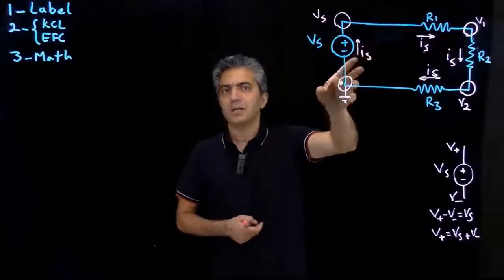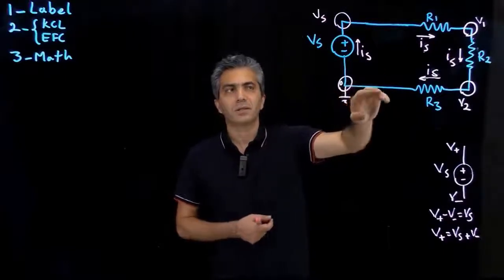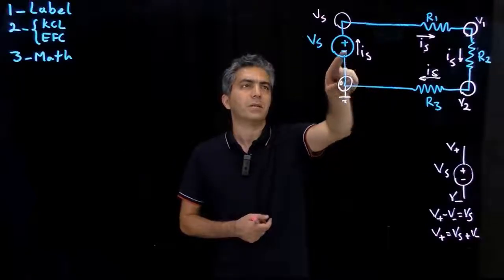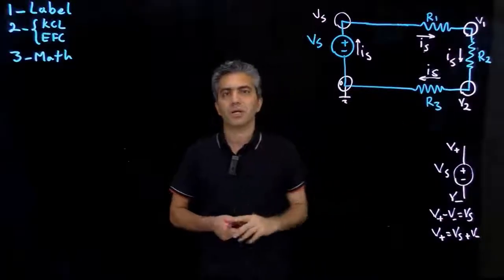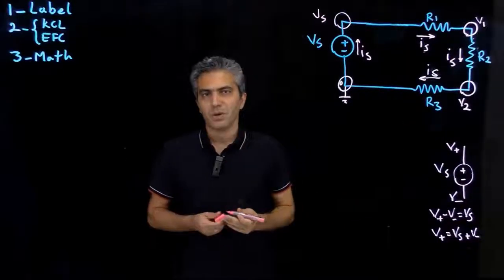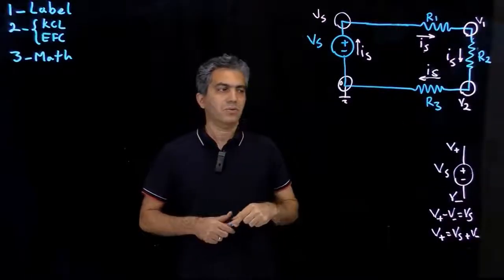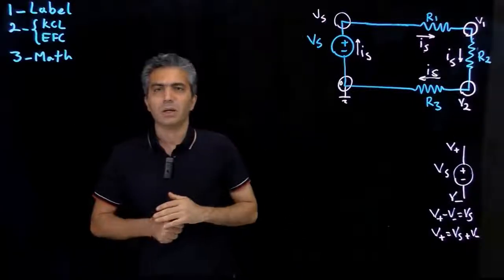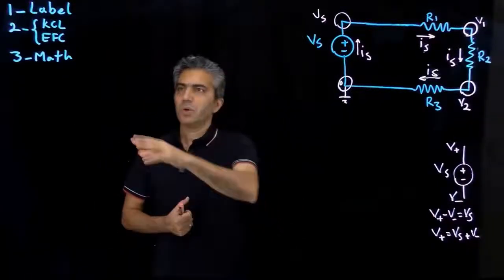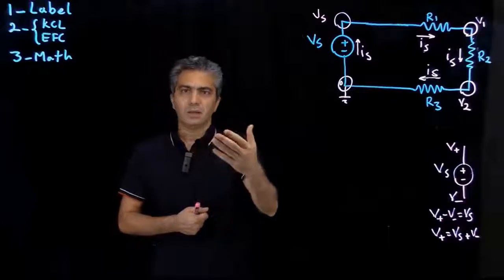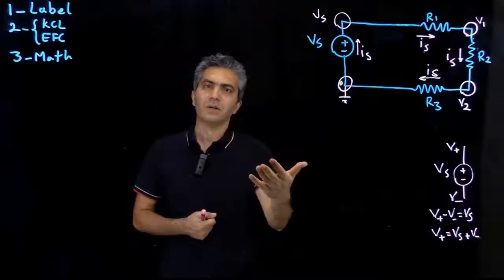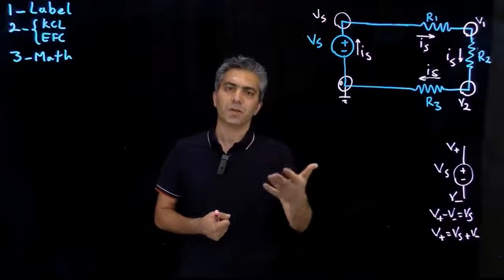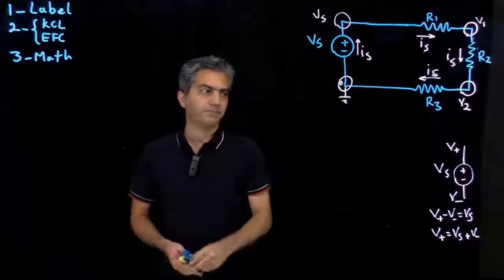But using the shortcuts that I just explained to you, I'm only dealing with 1 current and 2 voltages, 3 unknowns. So I'll reduce the number of unknowns from 7 to 3, which means that when I'm about to do the math, I will be trying to solve a set of 3 equations as opposed to a set of 7 equations.